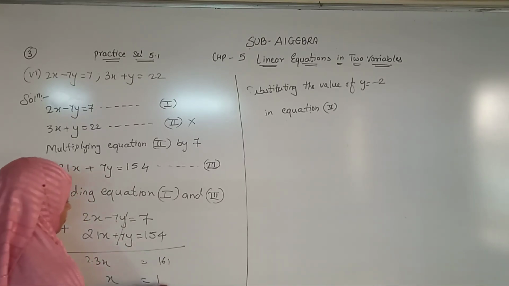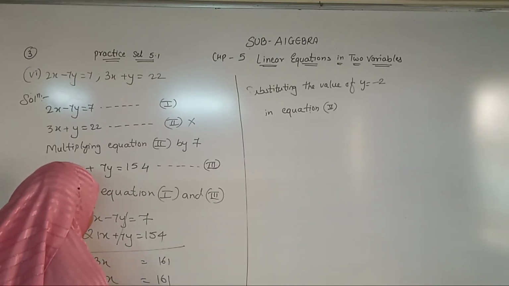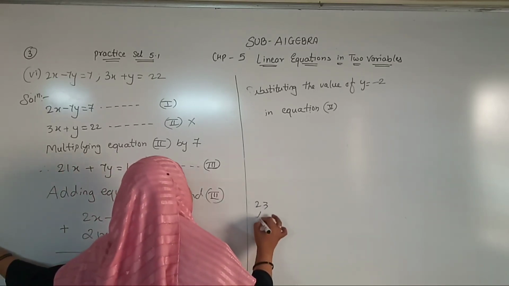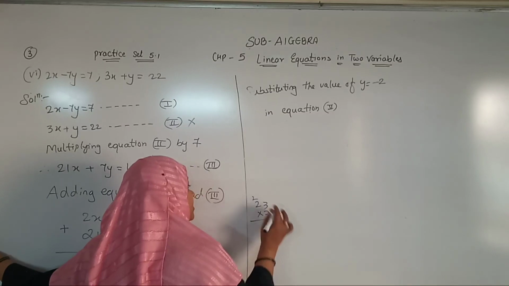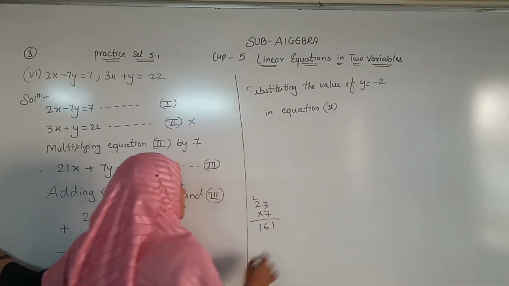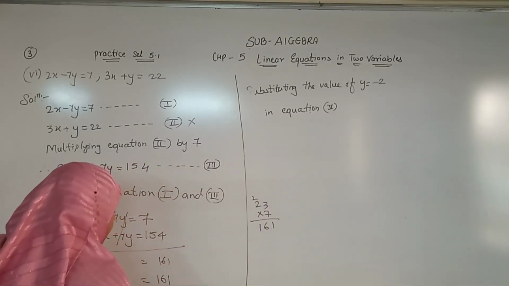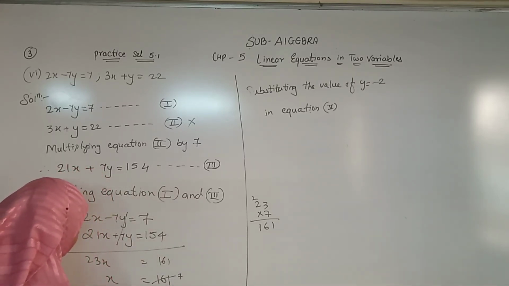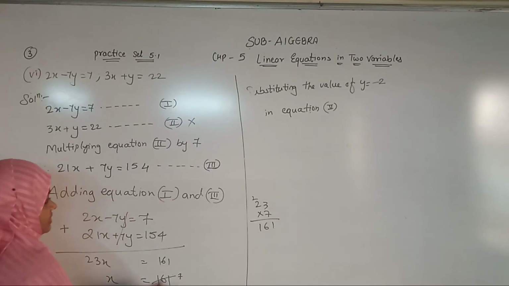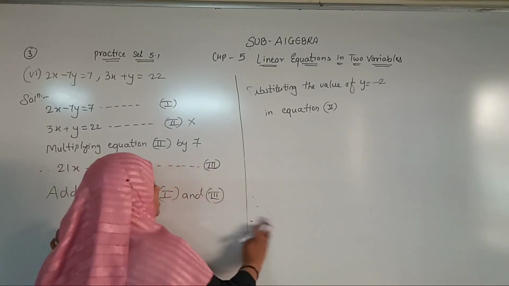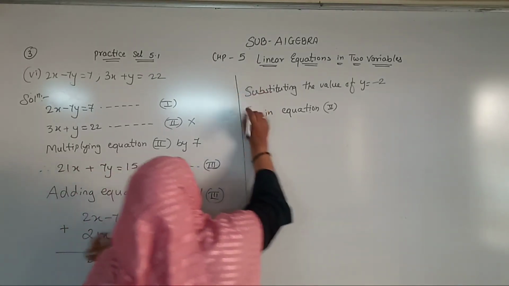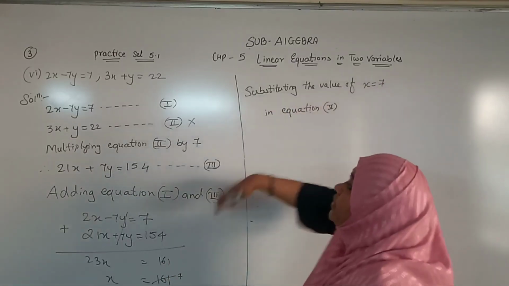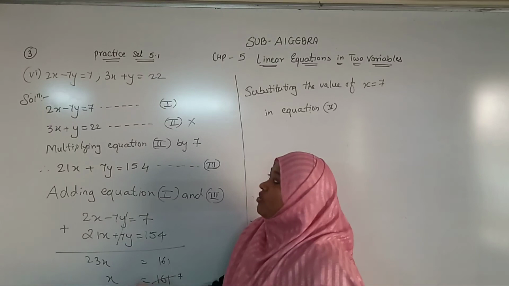161 divided by 23. Let me check with the 7. 23 7s are 161. So therefore the value of x I got is 7. Substituting the value of x equals 7. Now I have 3 equations. Whichever is smaller you can put.